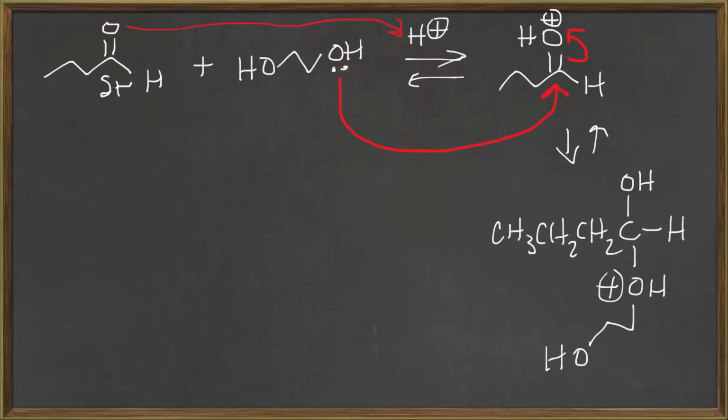What is present that can deprotonate it? Well, one thing that is present that can deprotonate it is that diol. The alcohol is happy to be a base, and just go ahead and remove that proton.